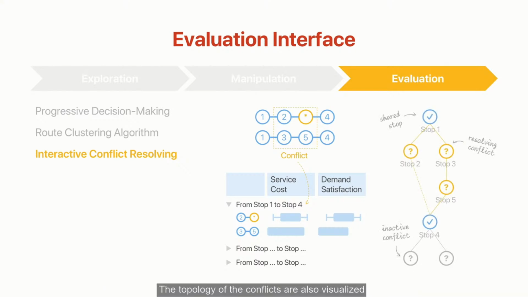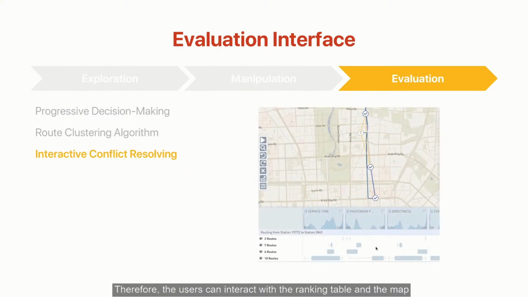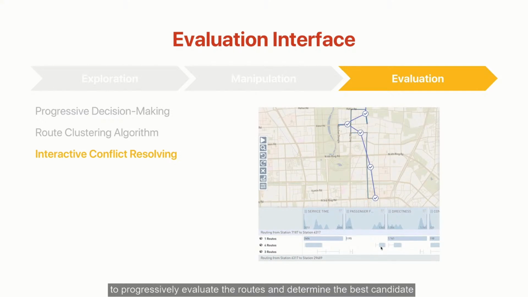The topology of the conflicts is also visualized on the map with a node-link diagram. Different markers indicate the conflict status of the stops. Therefore, the users can interact with the ranking table and the map to progressively evaluate the routes and determine the best candidate.